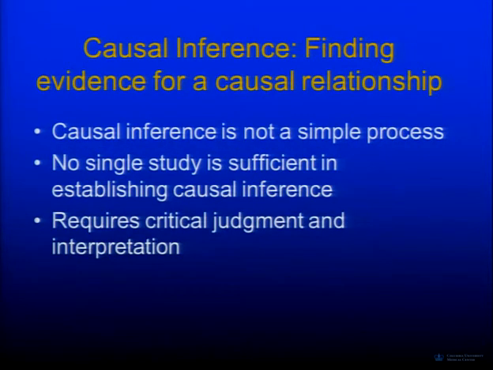So when we're trying to figure out whether or not a relationship is causal, it's not really a simple process. One general rule is a single study. No single study is going to be sufficient to establish causal inference. And you need to have critical judgment and interpretation of whatever findings you're presenting.